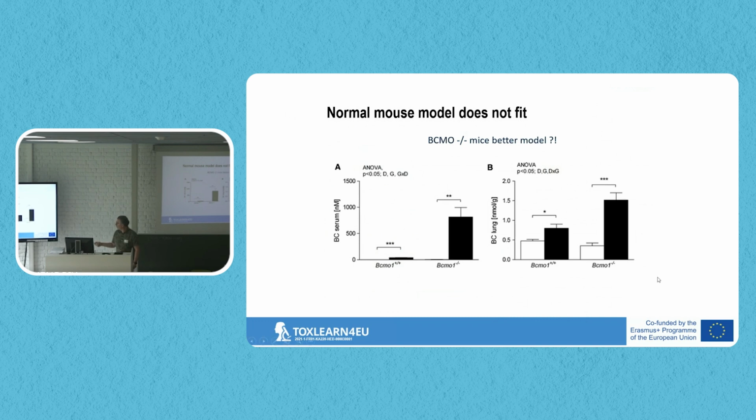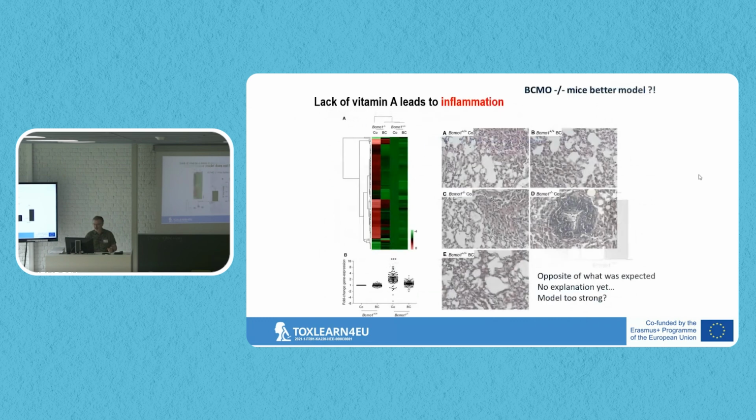So we had access to a BCMO knockout mouse, and we thought maybe this is a better model. When we look at accumulation of beta-carotene in serum and in the lung, we see that in the knockout mouse there is an increase of beta-carotene in both the organ and the plasma. So we thought the BCMO model would be a better mouse model to mimic the human situation. So this would be a humanized model.